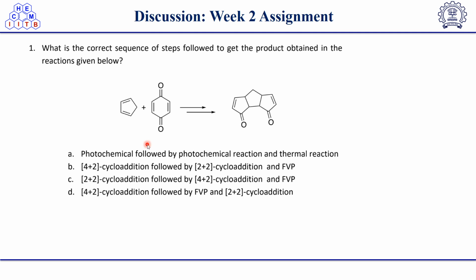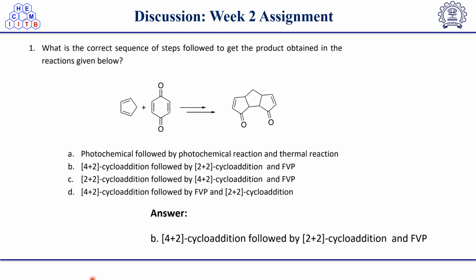So the correct answer is 4+2 cycloaddition followed by 2+2 cycloaddition and FVP. What is happening here is that cyclopentadiene serves as the diene for the Diels-Alder reaction. That is, the first step is a 4+2 cycloaddition, and in benzoquinone one double bond will serve as the dienophile for the cycloaddition reaction.